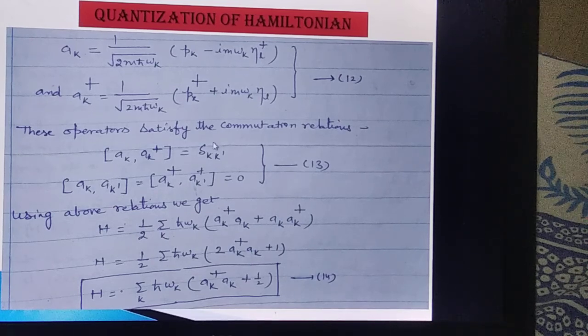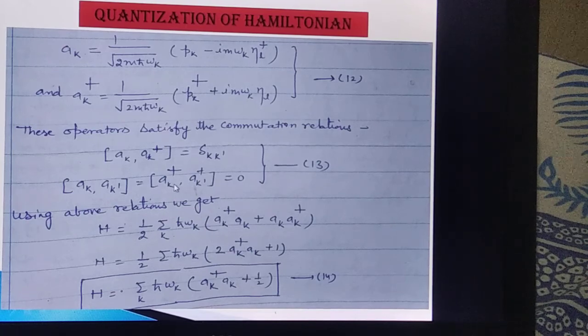So if you again solve the commutation relations for the operators eta k and eta k dagger, then this will come out as delta k k dash, and for two similar types of operators, this is the annihilation operators commutation relation, and this is the creation operators commutation relation.